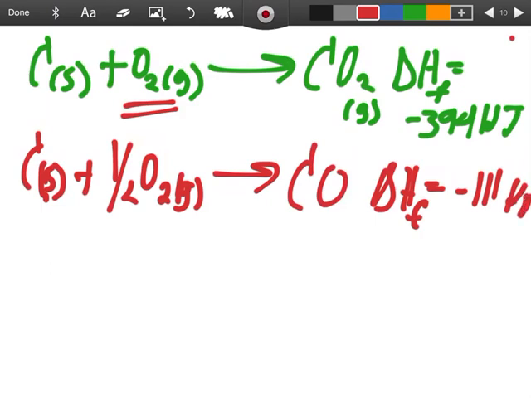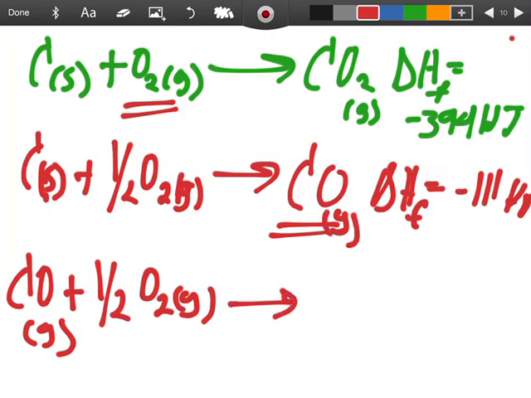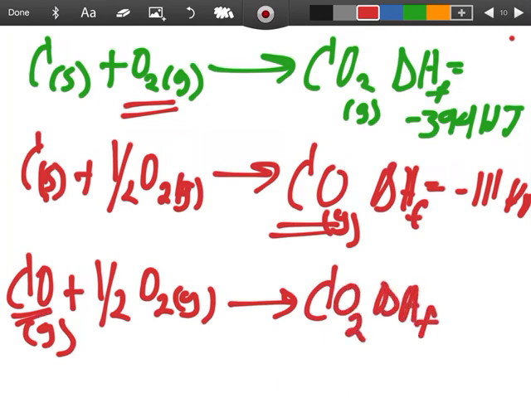And after that, I can take this product and add another half mole of oxygen, all of them gases. Then I'm going to transform CO into CO2, and I can also measure the change of energy for that reaction.